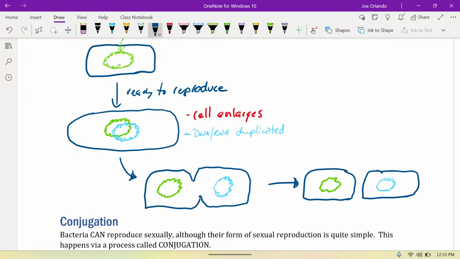And so they're their own unique combination. Is that true for these bacteria? No. So here we have two daughter cells that are clones of the original. And in fact, it's semi-conservative, which is to say one of these actually just has the original piece of DNA. Does that make sense? But the other one has a copy.